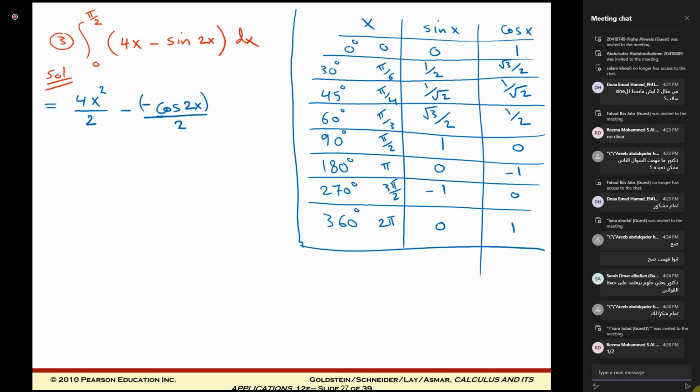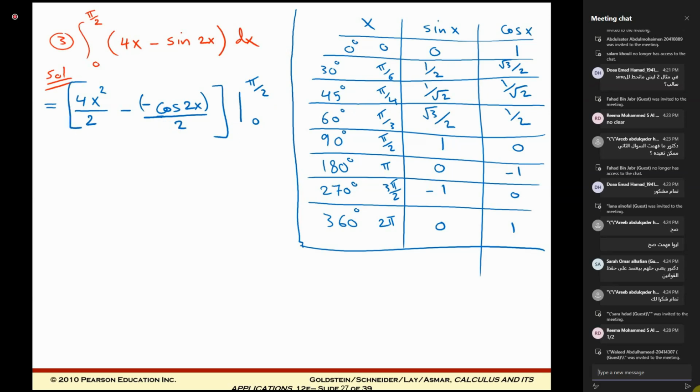So negative cosine 2x over 2, and we need to substitute pi over 2 and 0. Now before substituting pi over 2 and 0, we need to simplify more.